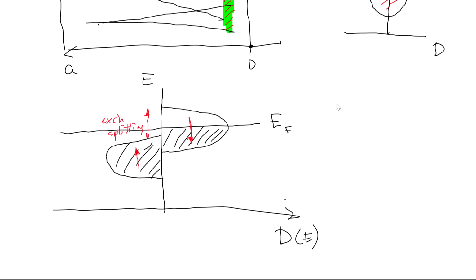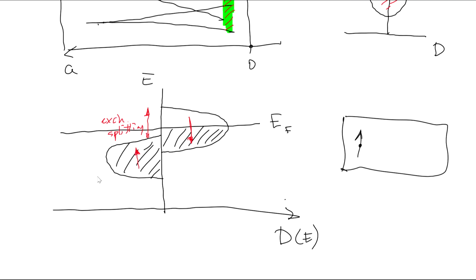What it means is that if you have a conductor piece of material which is magnetized, let's say in this state, then electrons in this conductor scatter off these magnetic moments, and there are more spin up electrons than spin down electrons.